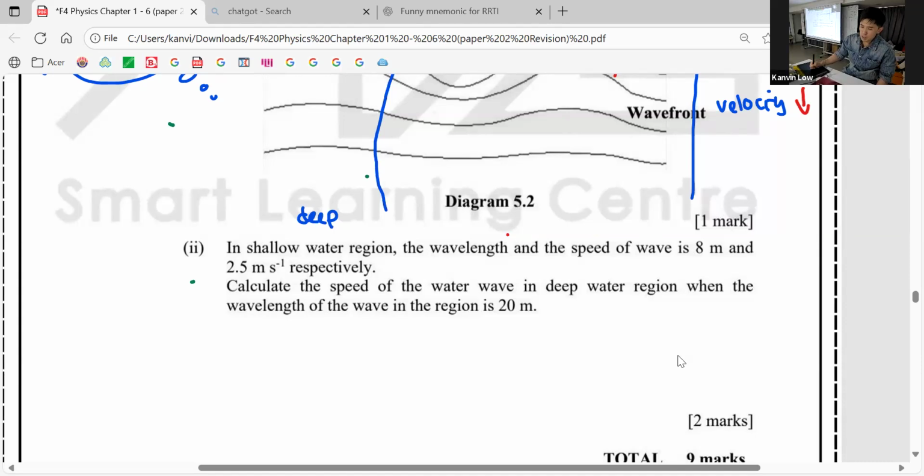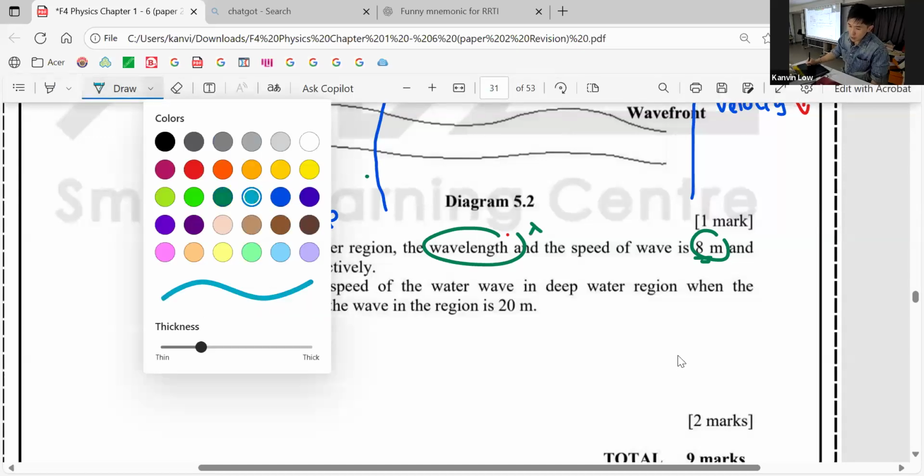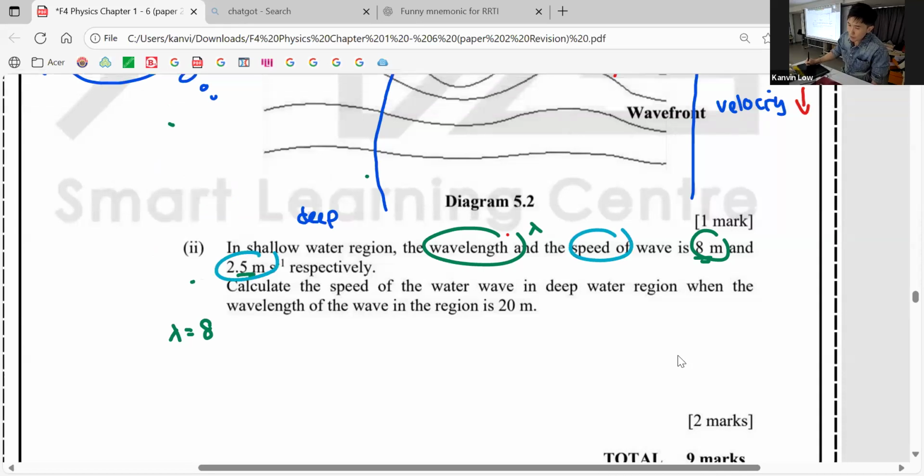Okay, first of all, you tell me, what are the 8 and 2.5 representing? Lambda is equal to 8 because it's the wavelength. So this is lambda. The speed is equal to 2.5, so this is your velocity.